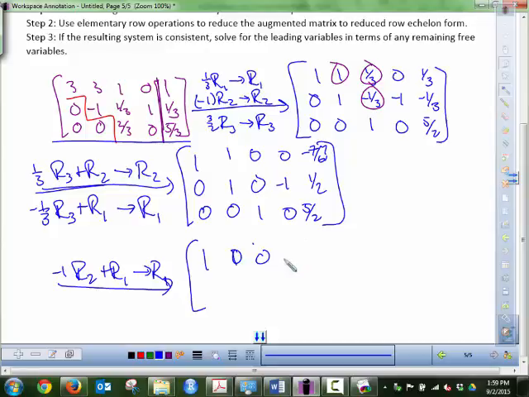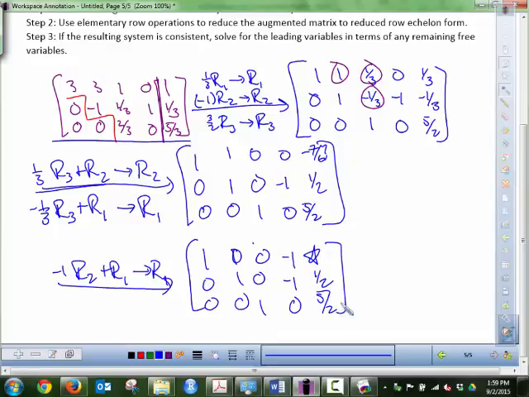Oh, this is going to come back to -1. 0, 1, 0, -1, 0, 0, 1, 0, and then I'm just going to put star there. Is this a reduced row echelon?